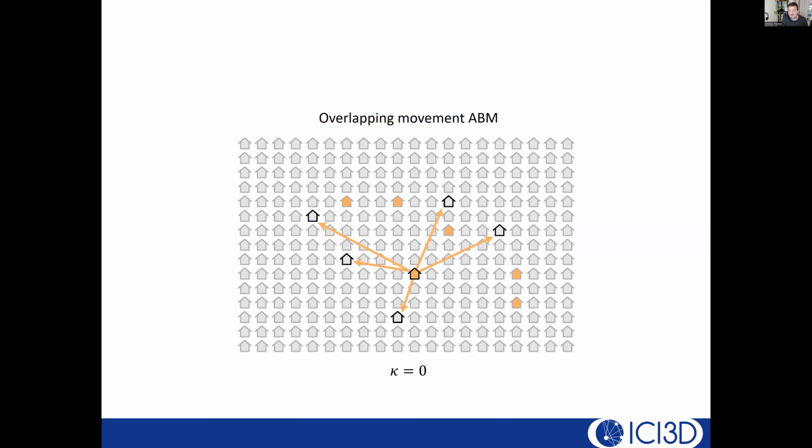I only visit my friends, for example. So there's not much overlap between my movement and my social group. I could instead say maybe about half of the houses that I visit are within my social group. So now the houses I visit, again, are the ones outlined in black, but now 3 of them, other than my own, are orange. Maybe I visit my grandmother, my uncle, my cousin, but I don't visit my aunt. I don't visit my sister. I visit 2 other people instead. Or I could turn this knob and crank it, and I exclusively visit members of my own family. This is how I'm going to differentiate strength of movement.